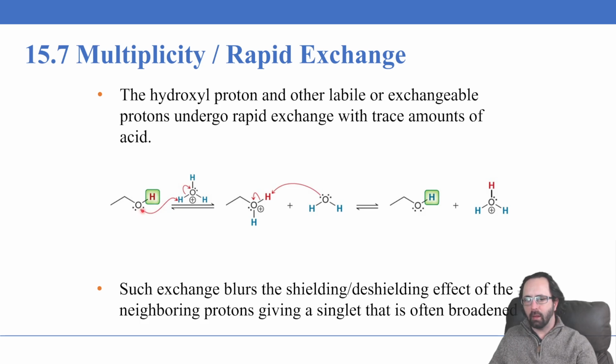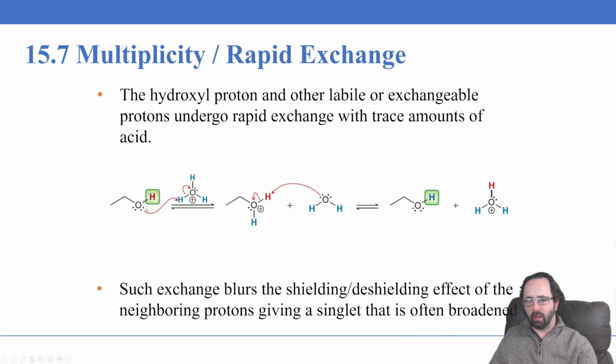So if there is any acidic or basic environment, you're going to have a movement of protons on and off, which is going to blur the signal and make it so that the neighboring protons do not experience that shielding, deshielding effect constantly.